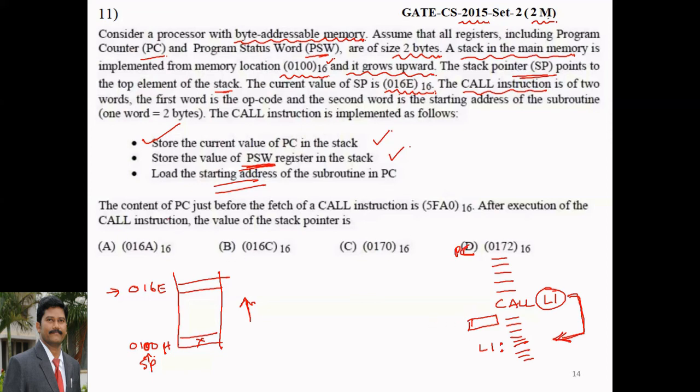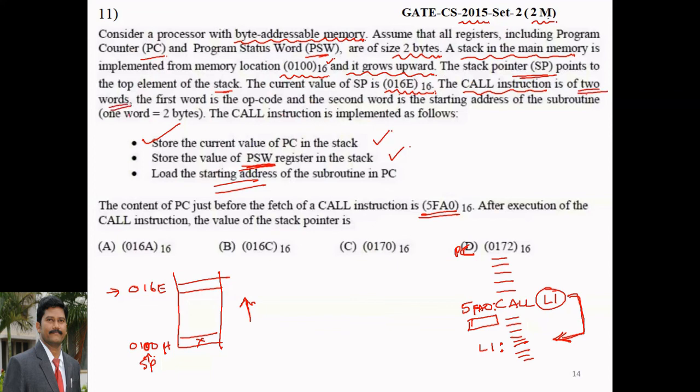The question here is, the content of PC just before the fetch of a call instruction is 5FA0. Suppose it is 5FA0 before executing this call instruction. Now how many locations is a call instruction?